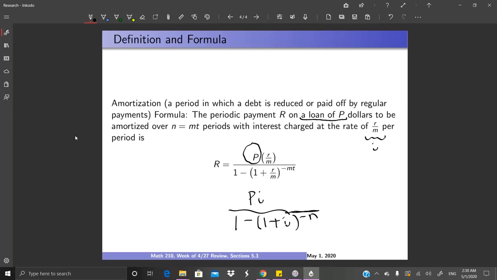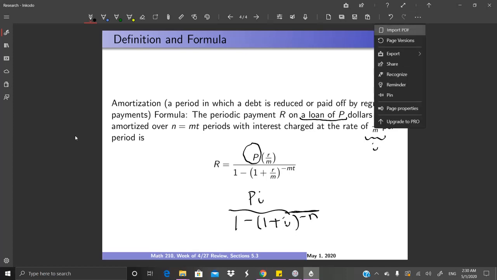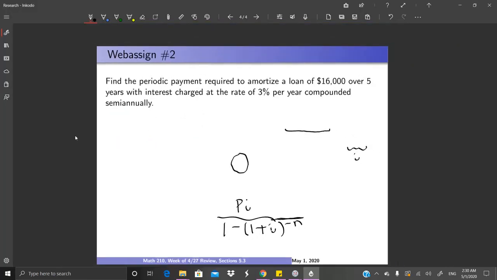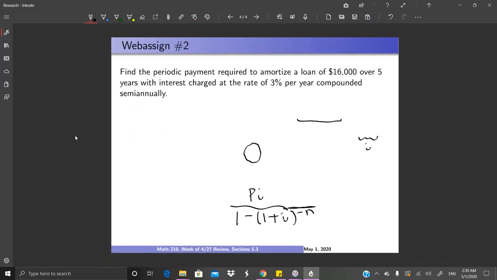So let's look at some examples so we can see how we can use this formula. First example here. Find the periodic payments required to amortize a loan of $16,000 over 5 years with interest charged at the rate of 3% per year compounded semi-annually.